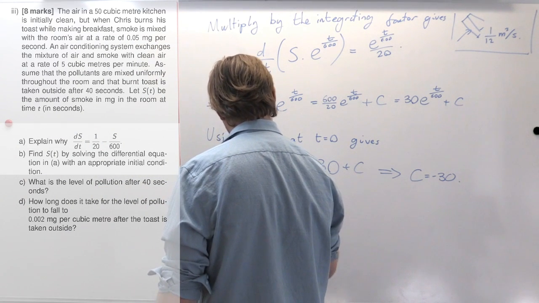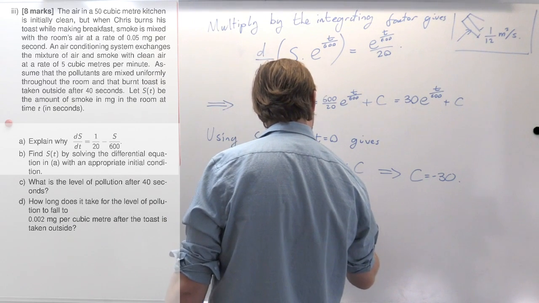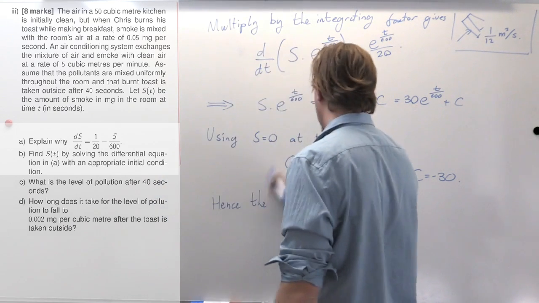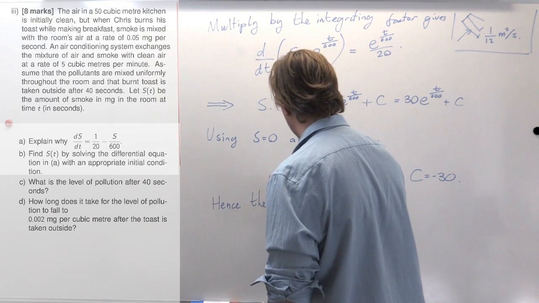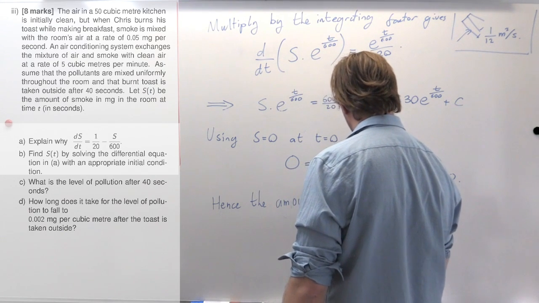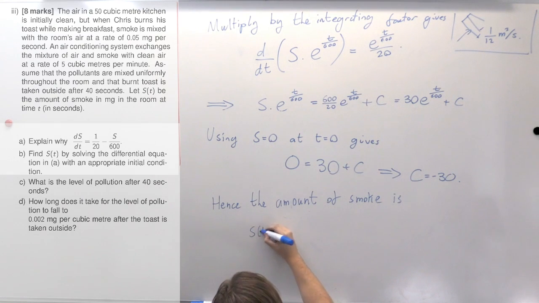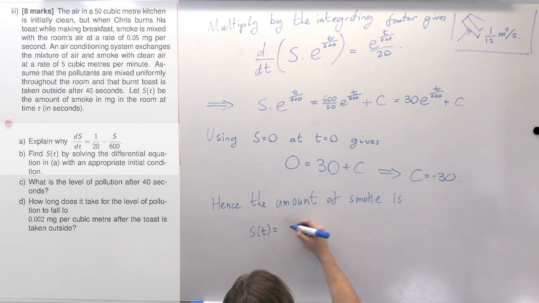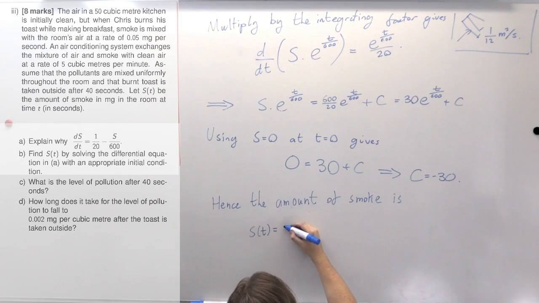Hence the amount of smoke, level is kind of maybe not the right word, is s of t equal to, right, well, I need to divide by this to get 30.